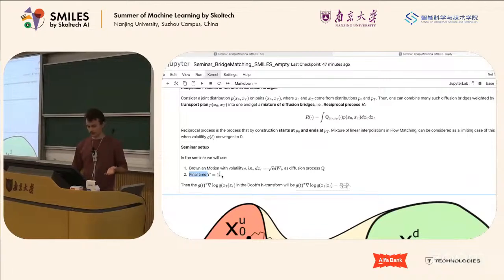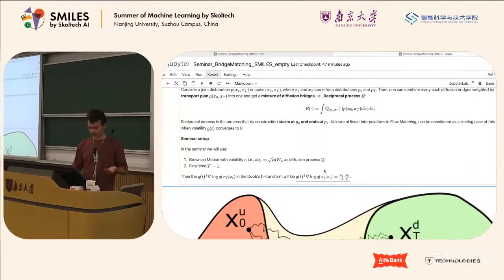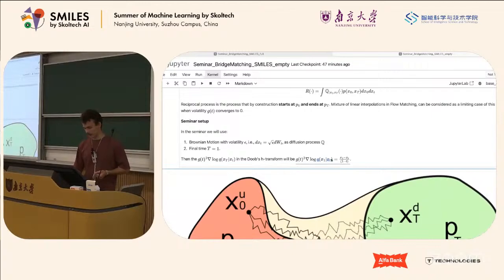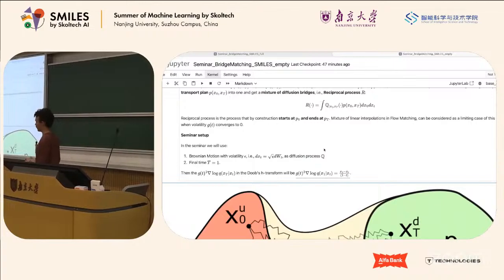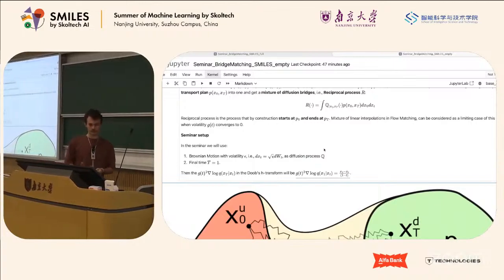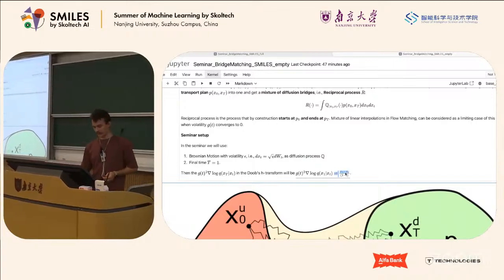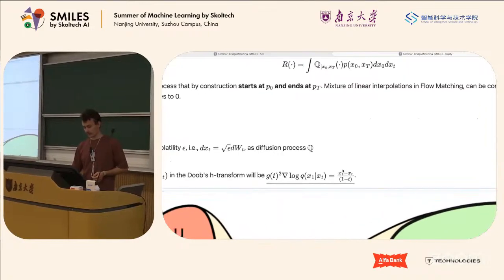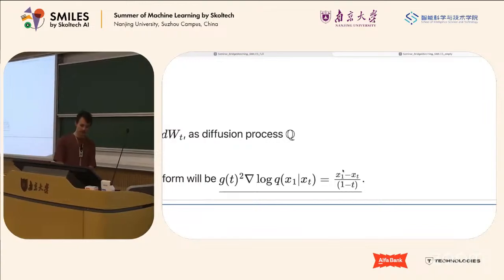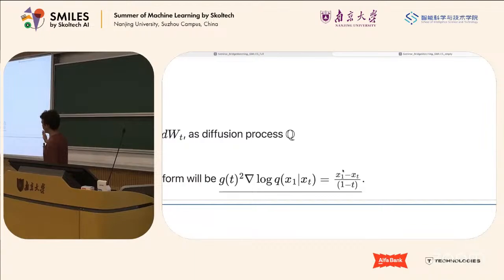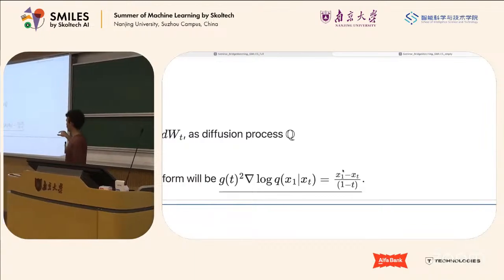And the final time T for our process is T equal to 1. And of course, we then also need to compute the Doob h-transform to perform diffusion bridges. It has this very simple form, (x1 minus xt) divided by (1 minus t), which is also quite similar to the flow matching one, where we had x1 minus x0.